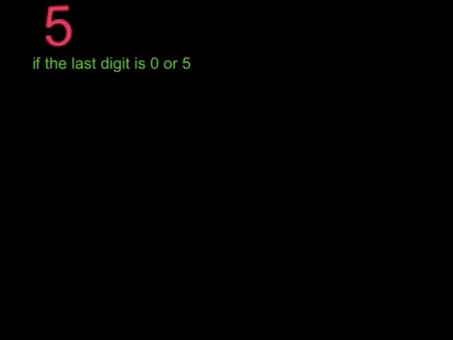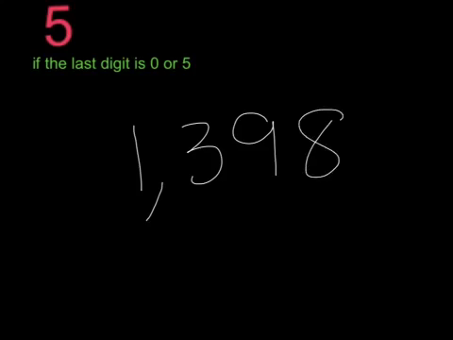Let's do another example. What if we had the number 1,398? Well, first we have to look at the last digit. The last digit is 8. Is 8 0 or 5? Nope. So the number is not divisible by 5.